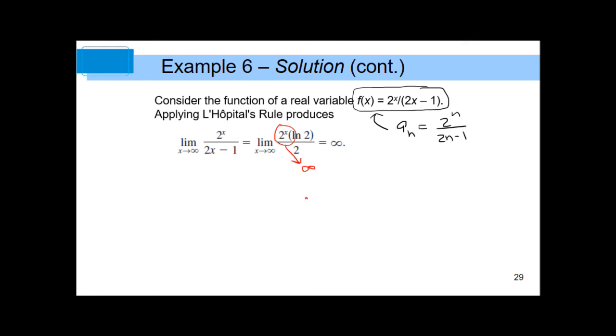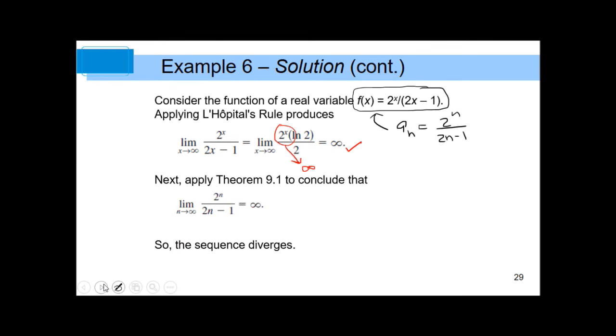Infinity times natural log of 2 over 2 is still infinity. So we see that this limit is approaching infinity. In other words, the function is divergent. Okay, now according to theorem 9.1, that means that the sequence is also divergent. So we're able to use L'Hopital's rule to help us with determining convergence of sequences.